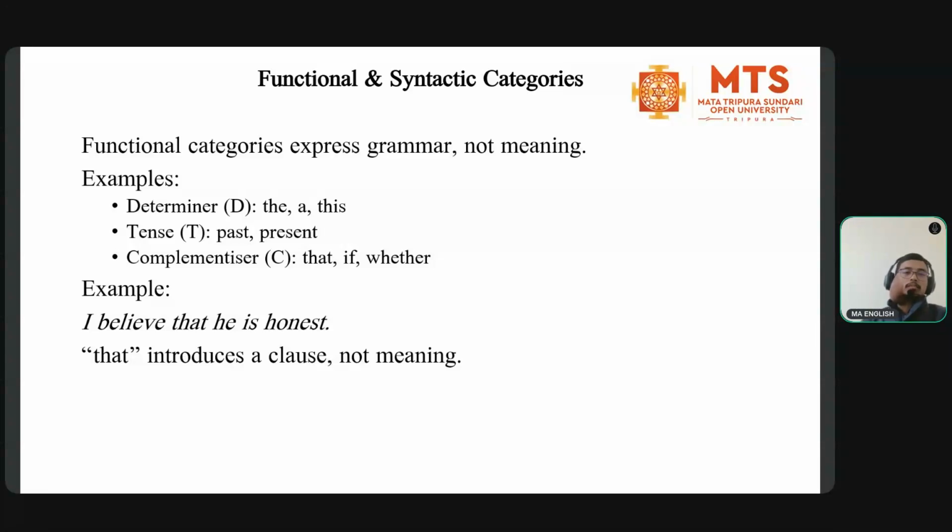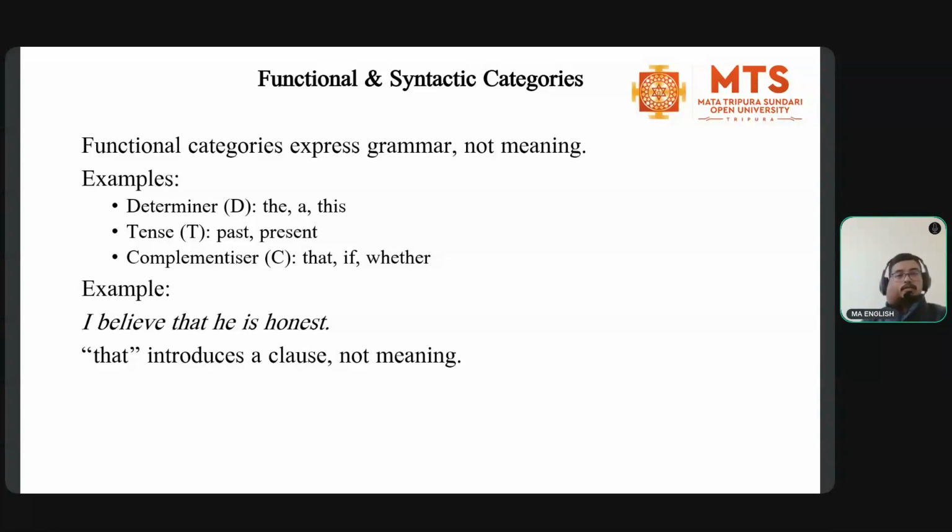Some important functional categories in English are the determiner, words like the, a, this, my. These words come before a noun, and they give grammatical information.